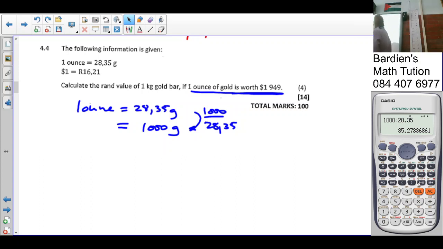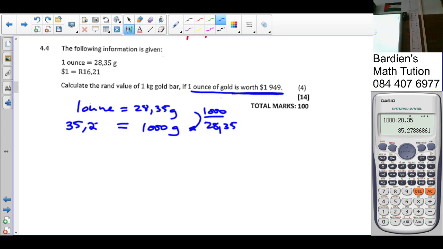So in other words, I'm multiplying this 28,35 by 35,27 to get 1,000. You understand? So what I do on one side, I must do on the other side. So if I multiply this by also 1,000 over 28,35, it gives me 35,273 ounces. You all okay with that?